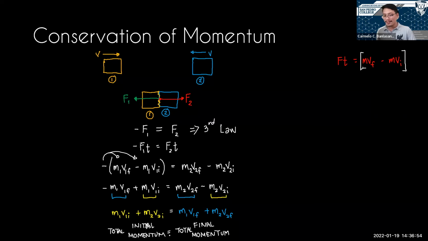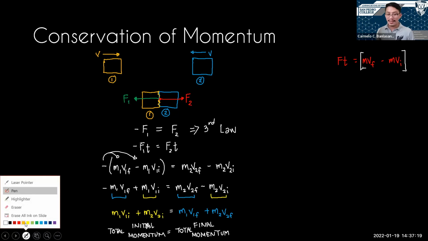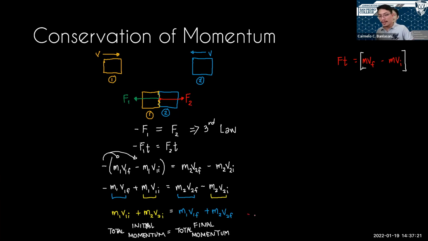You follow? They are just equal. Good. So the total initial momentum is equal to the total final momentum. Make sense? That is what we call in physics the conservation of momentum.